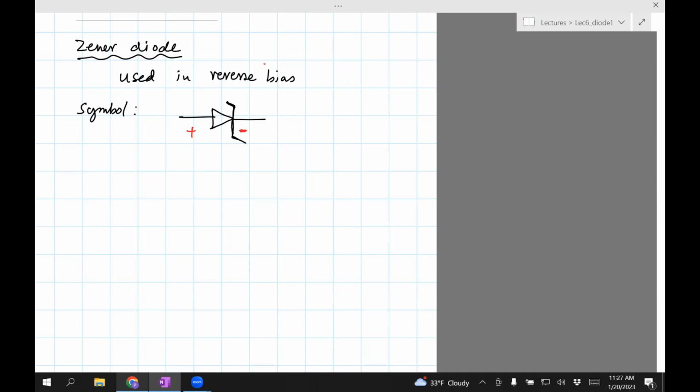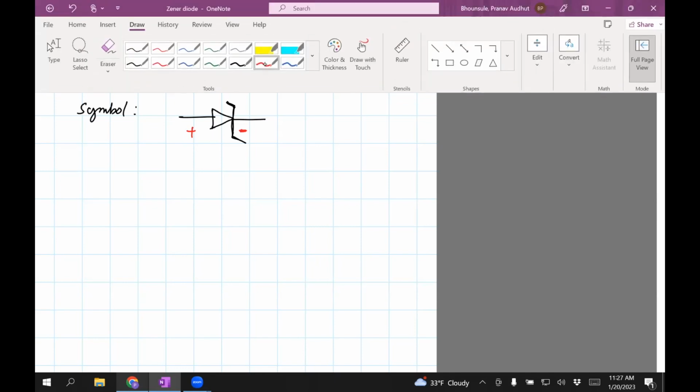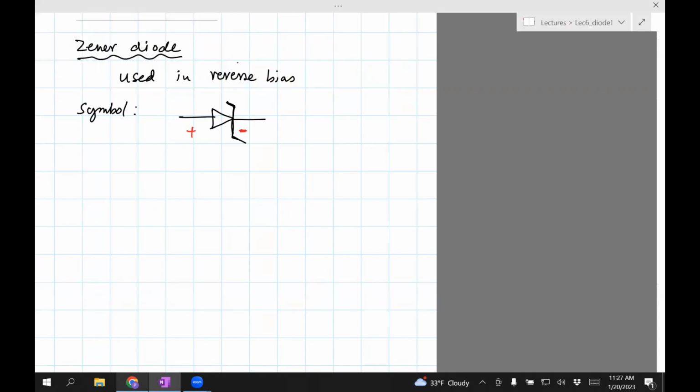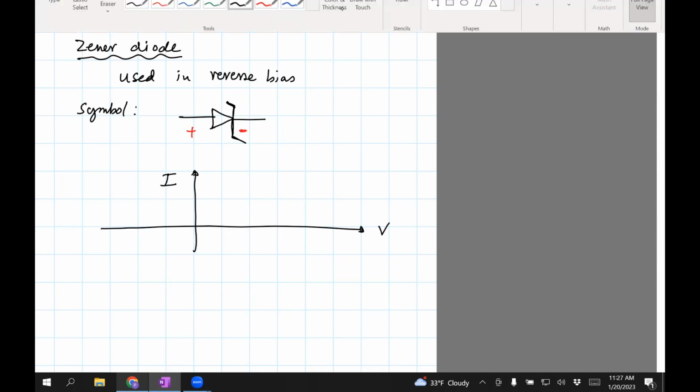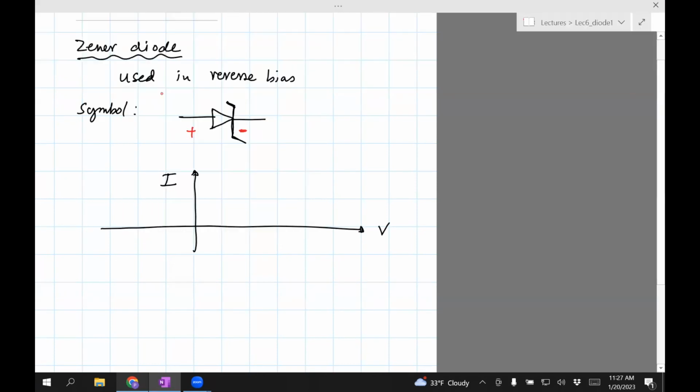Okay, now we can make a plot of the voltage to the current, just like before. The voltage, current. Okay, so this is how the Zener will behave. Then it goes 0.